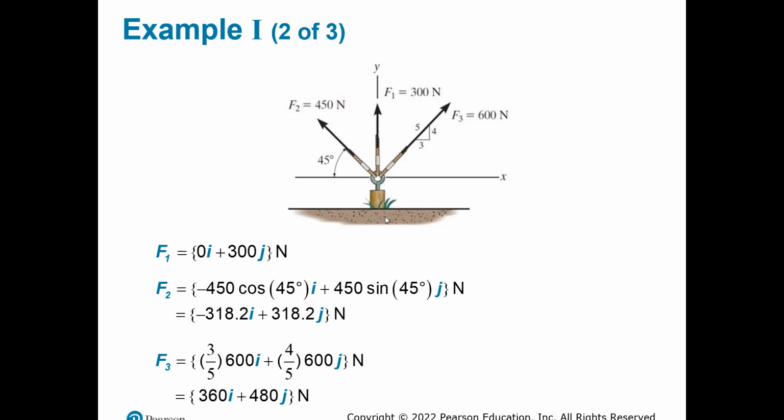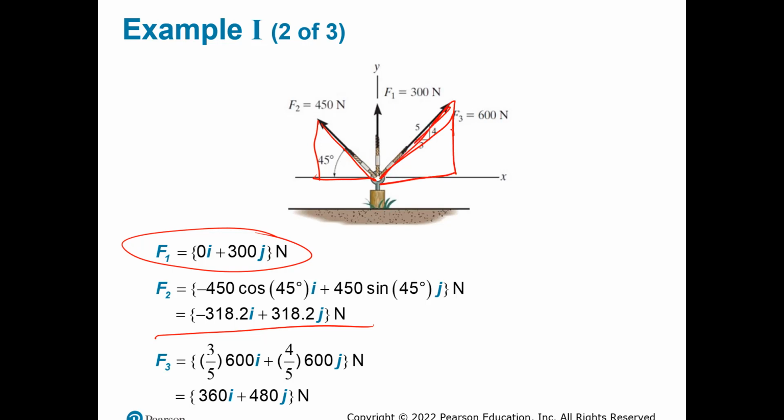So you have F1, F2, and F3. F1 is decomposed in the i and j direction. So it's 0, obviously, because it's along the y-axis. And then for F2 right here, you will basically form a triangle. And then with that triangle, and using your cosines, you will get your F2. Then for F3, you will do the same thing, but now, sorry, it is a triangle that goes like this.